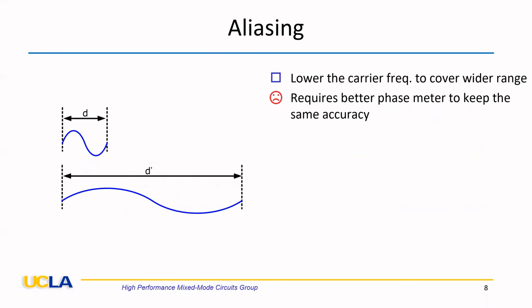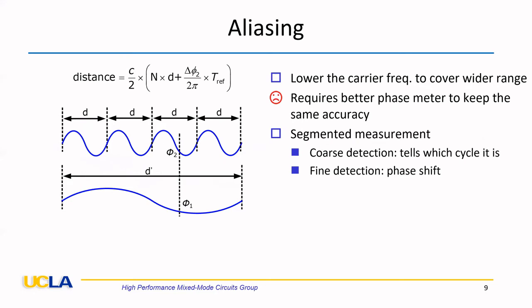One solution to the aliasing is to lower the carrier frequency to cover a wider range. However, we then need to slice the phase into finer steps to get the same accuracy, which raises the requirement of the phase detector. A common solution is to do segmented measurements.